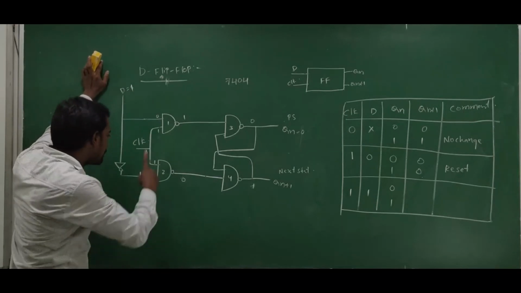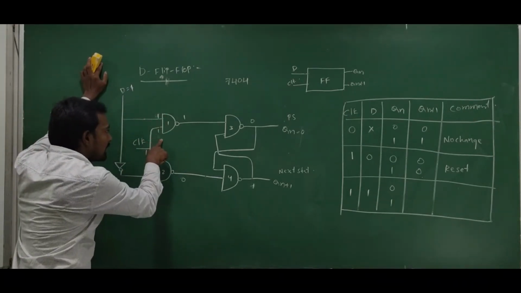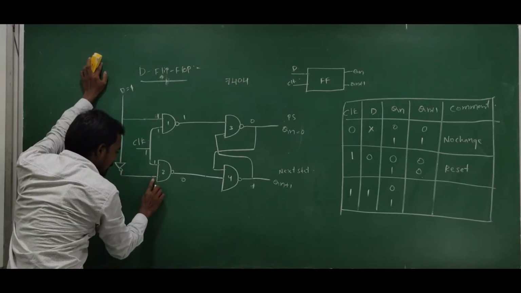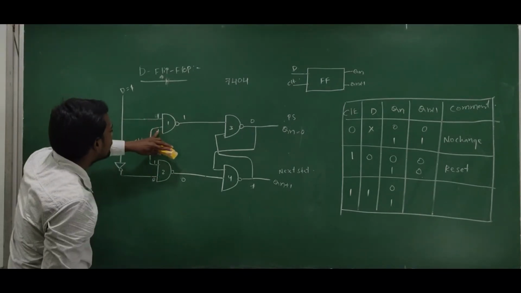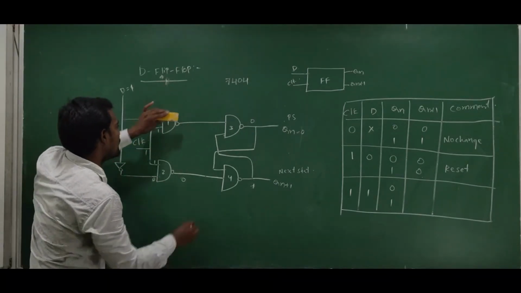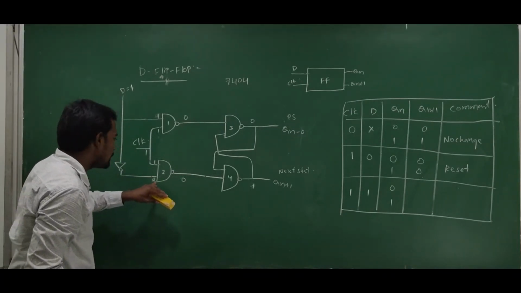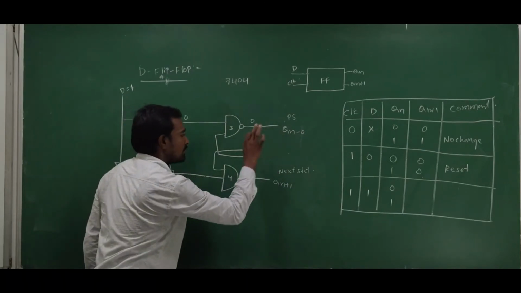Then the input is applied for the first NAND gate here, and the 1 complement 0. That 0 is applied for the second NAND gate. Okay, 1 cross 1 equal to 1. 1 complement 0 here, and 1 cross 0 equal to 0. 0 complement 1. Okay, and Qn is equal to 0.